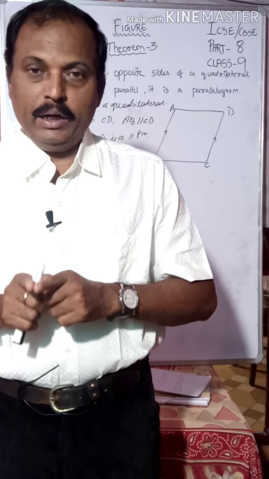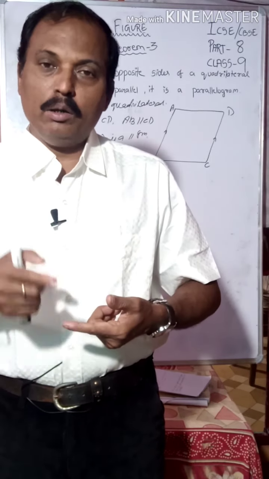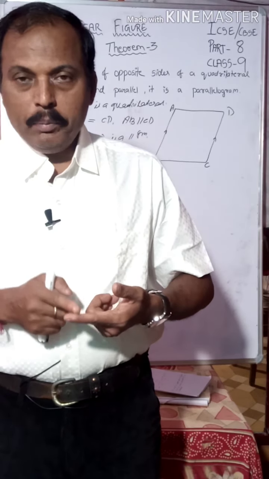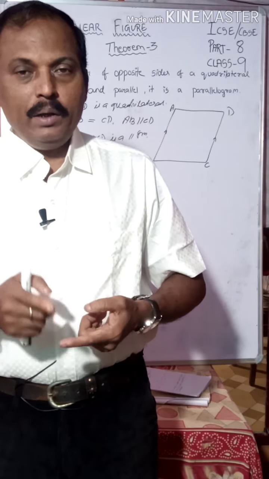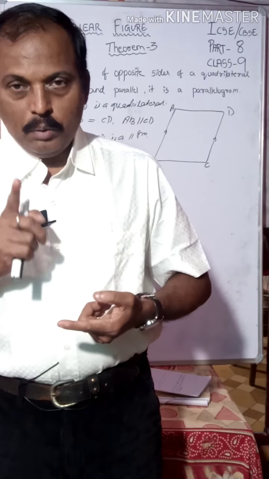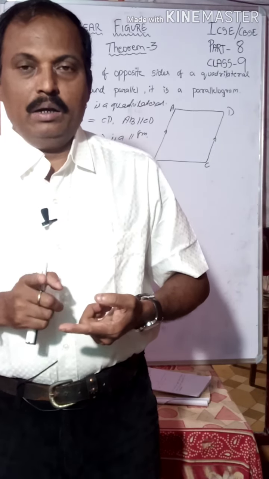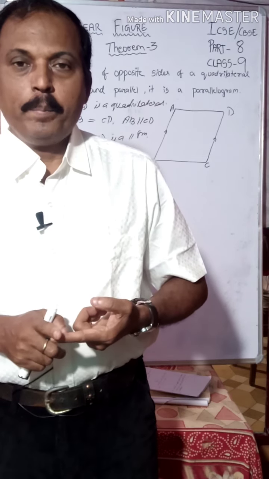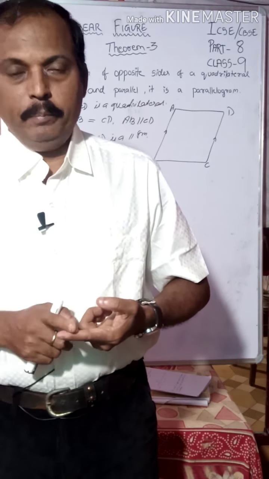Then opposite sides are equal, opposite angles are equal, and so on. But the minimum definition is, if in a quadrilateral two pairs of opposite sides are parallel, then that quadrilateral is a parallelogram.